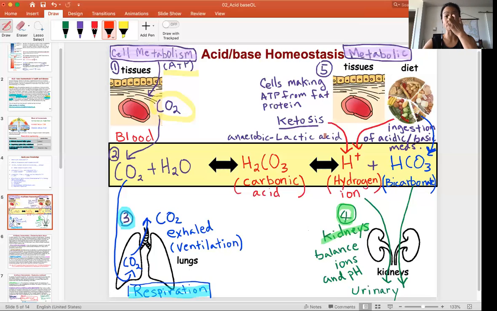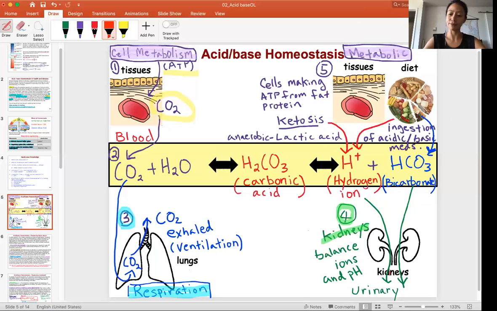So in most cases, we can drink lemonade and eat things with acid or have some anaerobic respiration, but at a low level, that's not a huge problem because our body, the liver and the kidney, especially the kidney here, will take the excess hydrogen or bicarbonate or the lack of and put them into the kidney and balance the ions and the pH. So they can excrete the excess hydrogen ion or regenerate more bicarbonate.